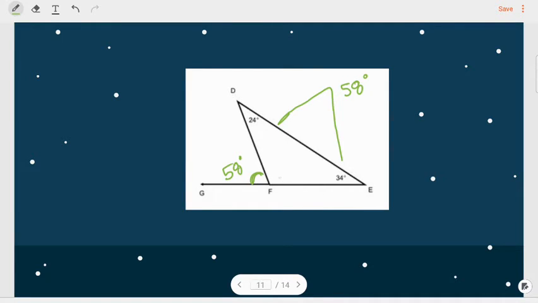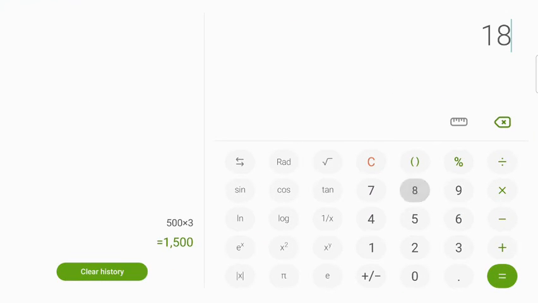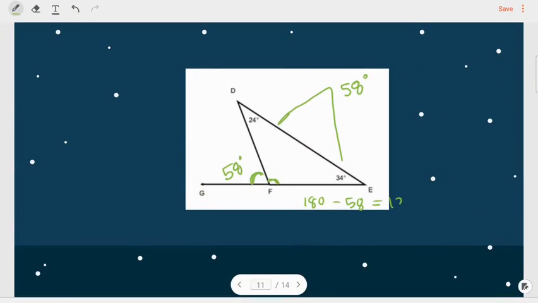Well, remember that this last inside angle is 180 minus 58. Let's do that really fast with a calculator. 180 minus 58 is 122. And to get this remaining outside angle, remember this is a 180-degree line. So 180 minus 122 equals 58.